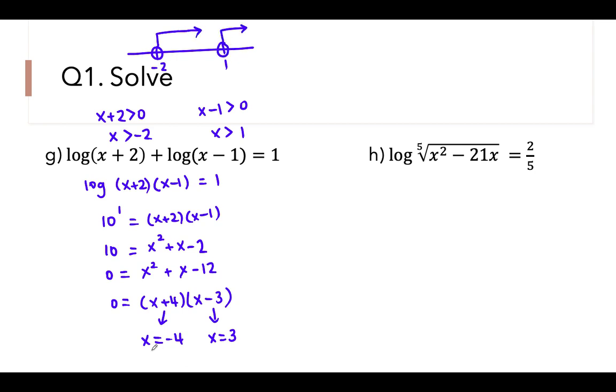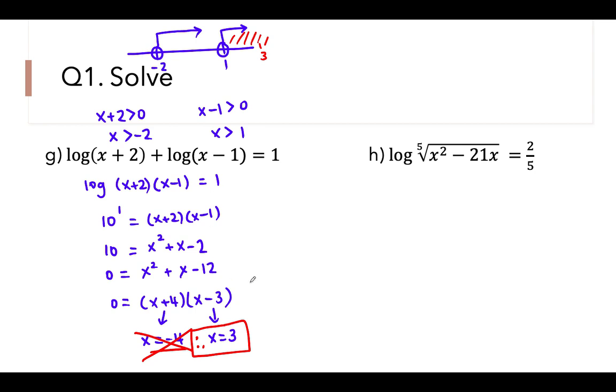In this case, we have negative 4 here. Negative 4 is definitely not within this domain, so therefore negative 4 doesn't work. But on the other hand, 3 is over here, so it's still within this domain. So therefore, the only possible answer for this will be x is equal to 3.